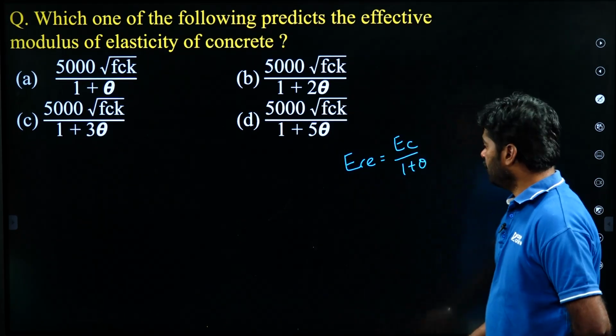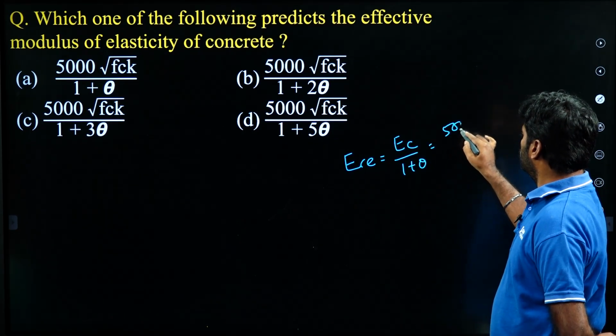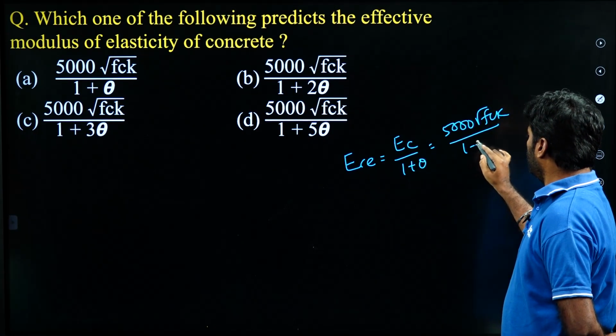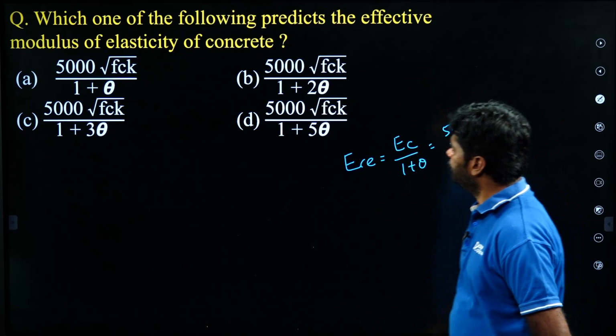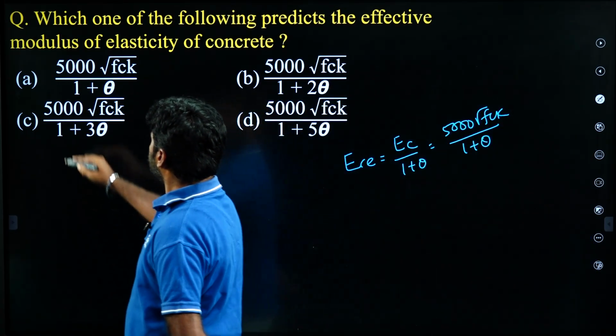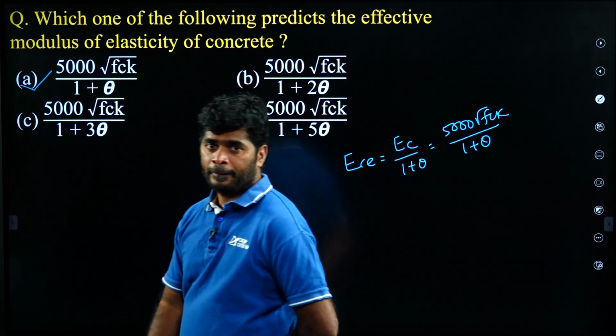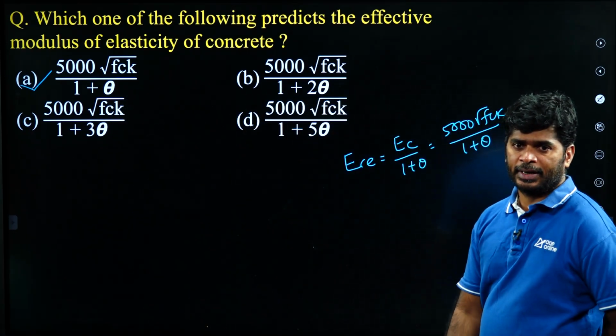What is EC? EC is 5000 root FCK, so 5000 root FCK upon 1 plus theta. Option A is correct, my dear. Okay?